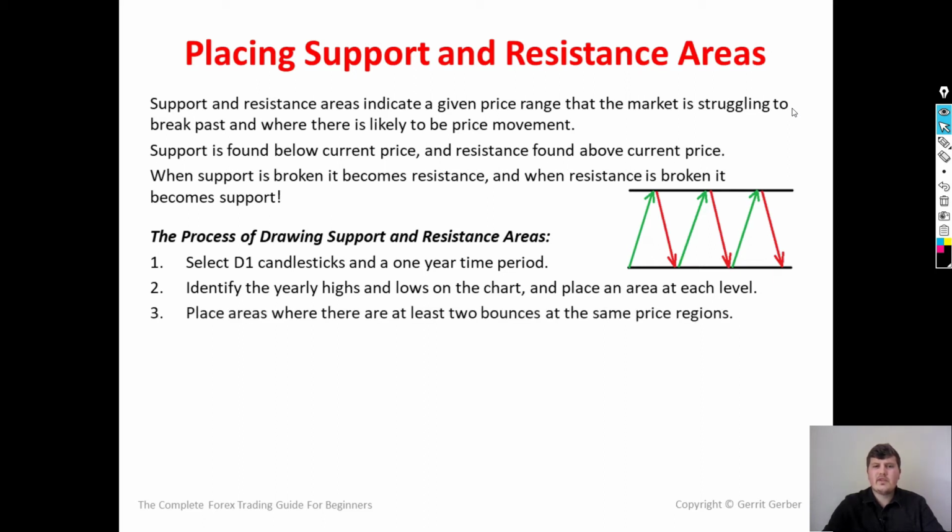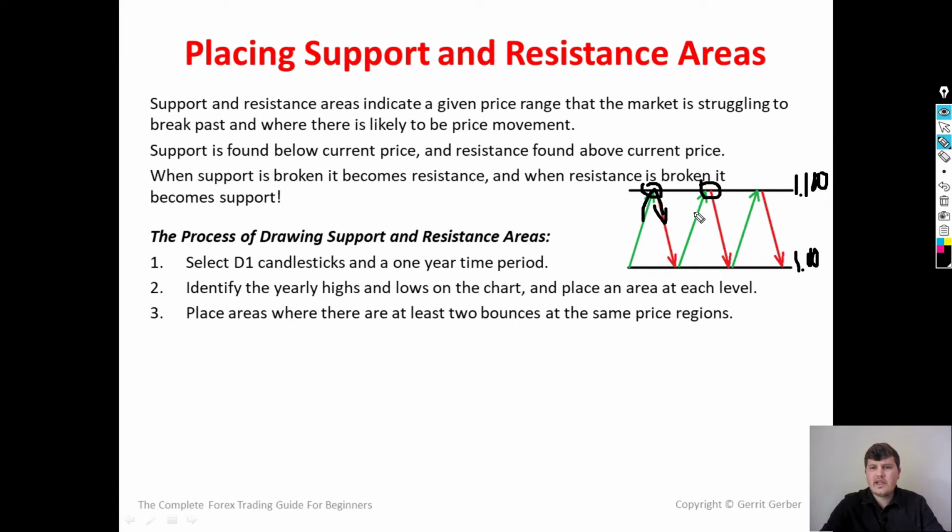The third step is to place areas where there are at least 2 bounces at the same price region. So how you go about it is, let's say over here this price is equal to 1.1 and this price is equal to 1, and you see that price tested the 1.1 region and it rejected the area and made a bounce lower, and later on it bounced again at this price level.